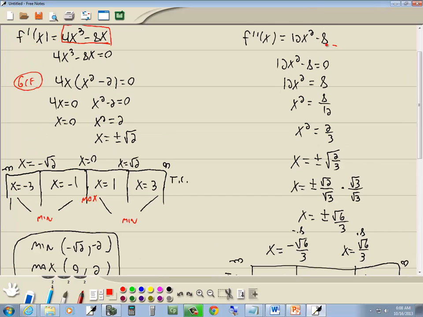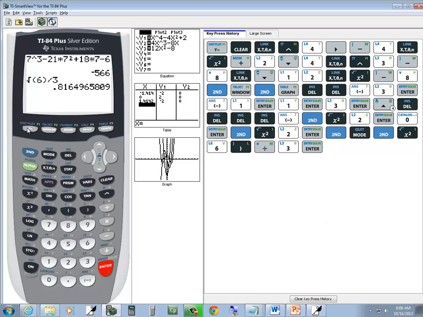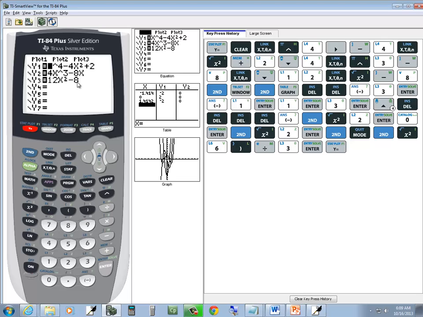Remember, our second derivative was 12x squared minus 8. Now remember where we put that in our calculator. If I go back to the y equals, we put 12x squared minus 8 on y3. Now y3 doesn't appear in our table when we go there though, so let me shut these other ones off. I'm going to come down here and left arrow and see how my flashing cursor is on equals? Press enter one time and that'll shut that one off.